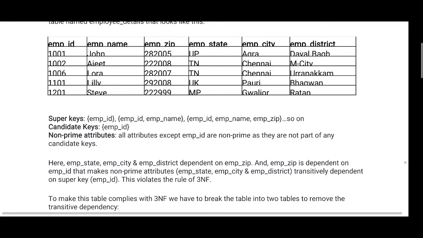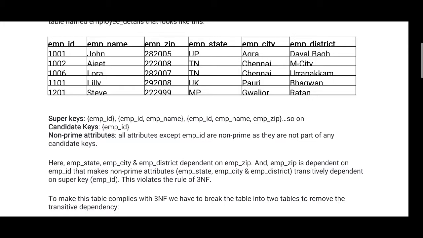The candidate key is employee ID. The non-prime attributes are all attributes except employee ID, as they are not part of the candidate key.